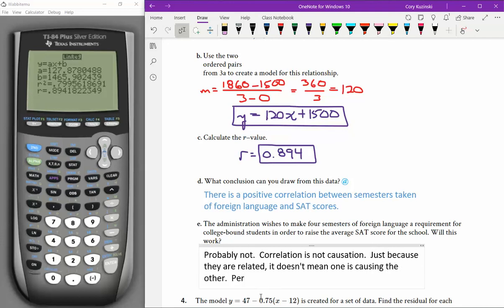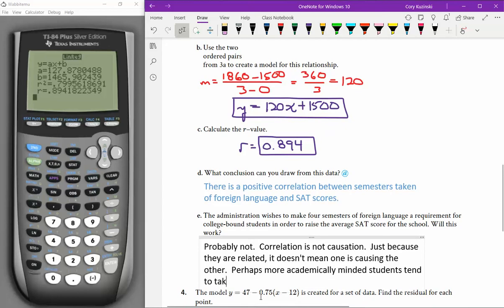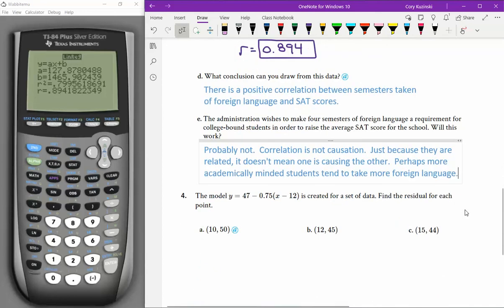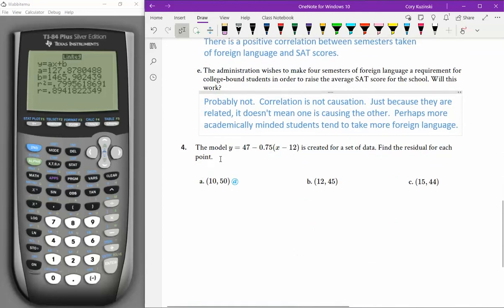In fact, I'd say perhaps more academically minded students that care about their GPA tend to take more foreign language. It's probably because the more academic students are drawn to foreign languages. That might be the case more so than the foreign language causing their SAT scores to go up, although it probably doesn't hurt.